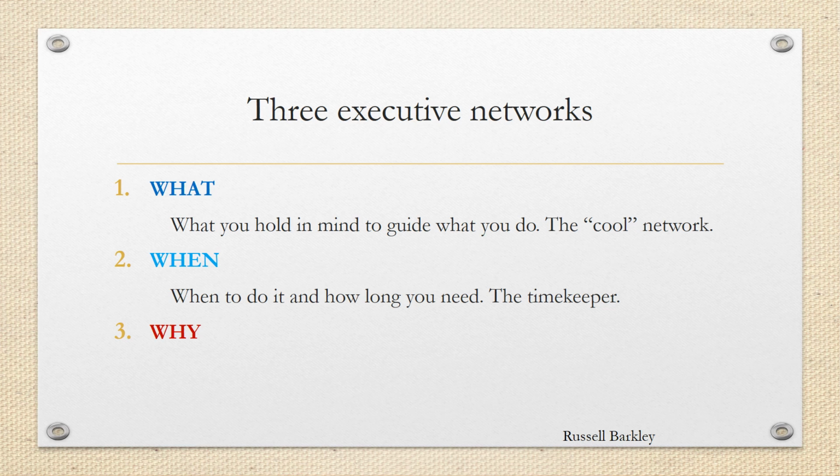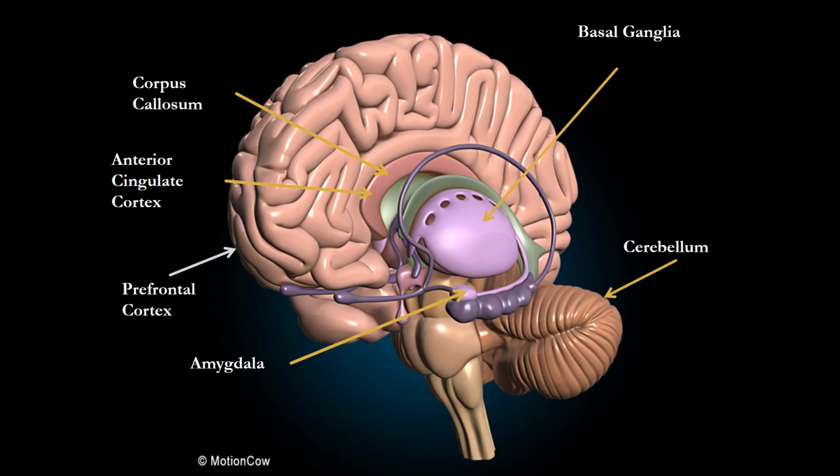It's like the timekeeper of our activities. That is also more of a cool network because it helps us regulate our academics and intellectual tasks and our thought processes. And finally, the why network, which we consider the hot network because it's related to motivation and emotions.